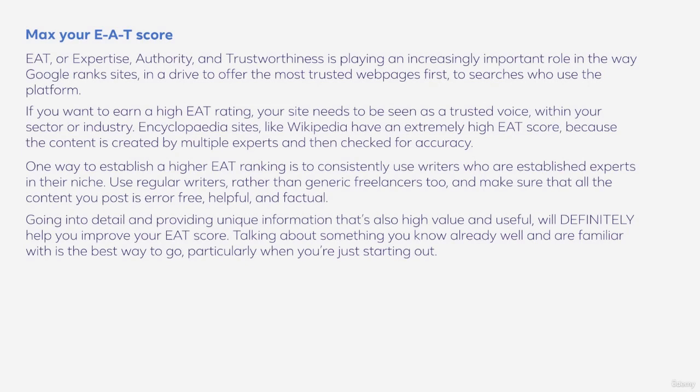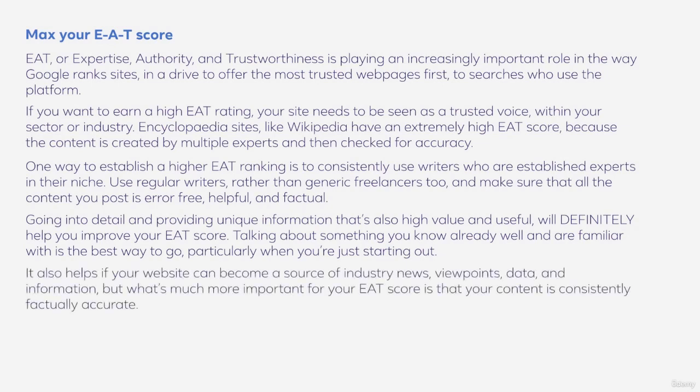Talking about something you know already well and are familiar with is the best way to go, particularly when you're just starting out. It also helps if your website can become a source of industry news, viewpoints, data, and information. But what's more important for your EAT score is that your content is consistently factually accurate.